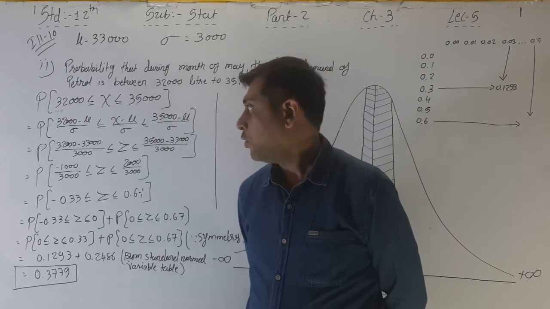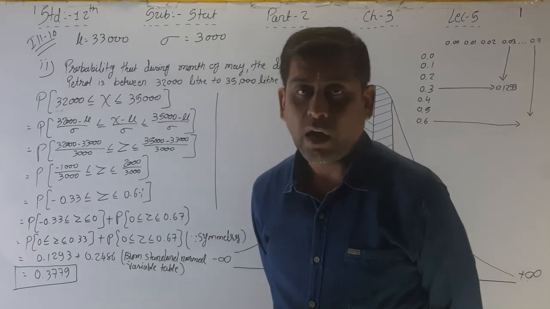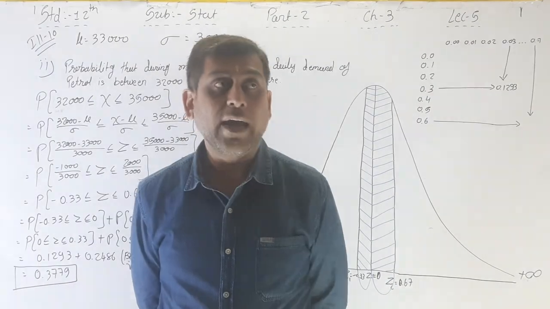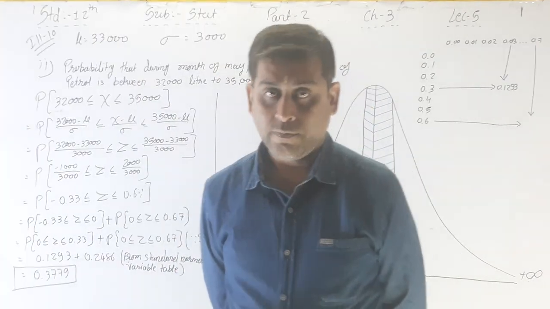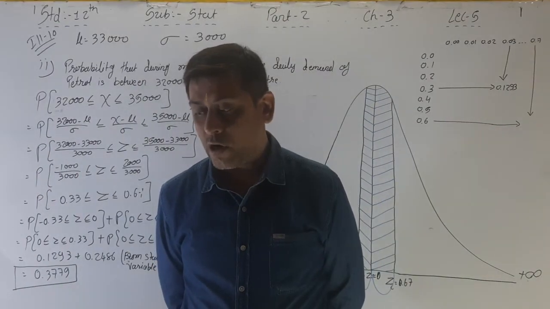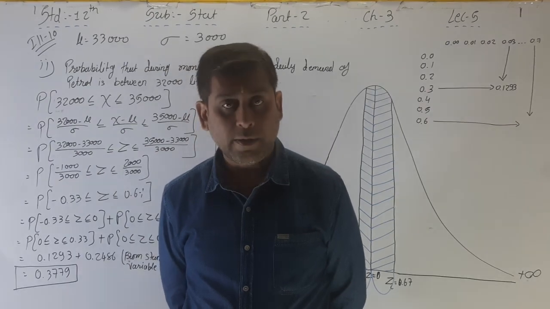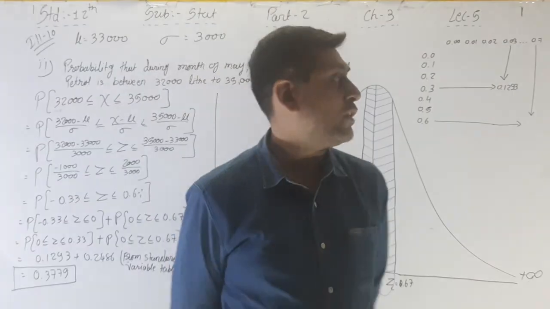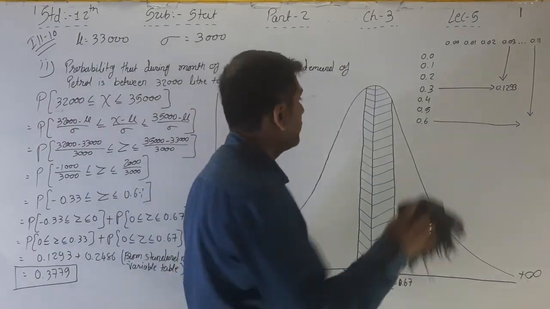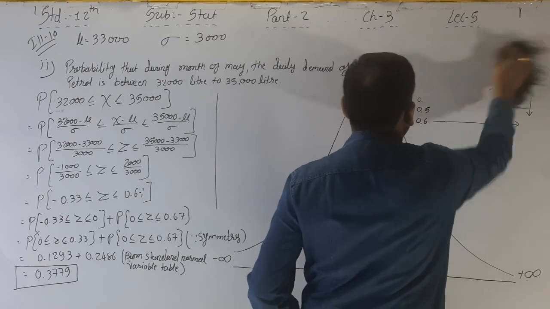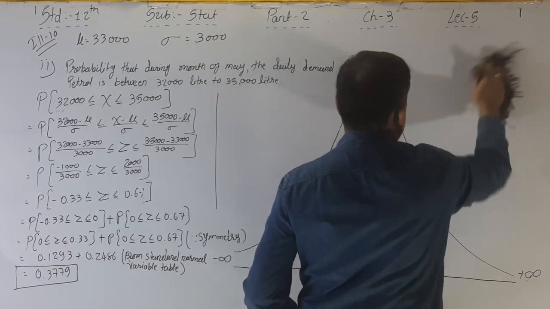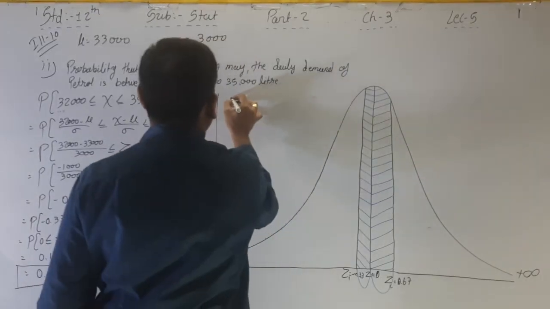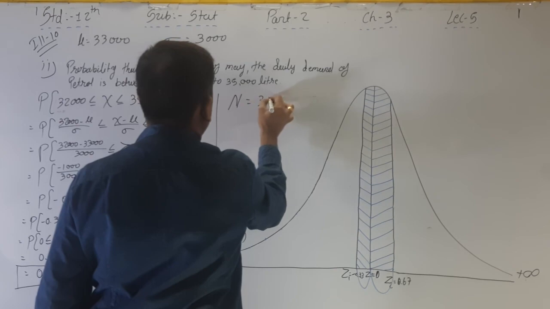Now, I hope you complete that. Now write down one line. The expected number of days in the month of May is n is equal to the number of days in the month of May, n is equal to 31.